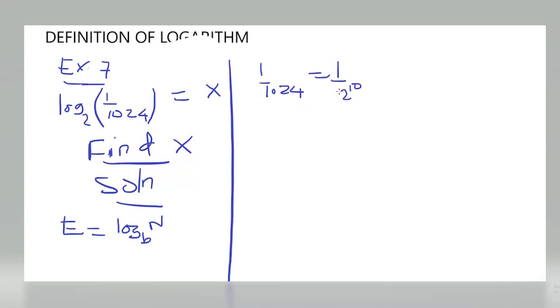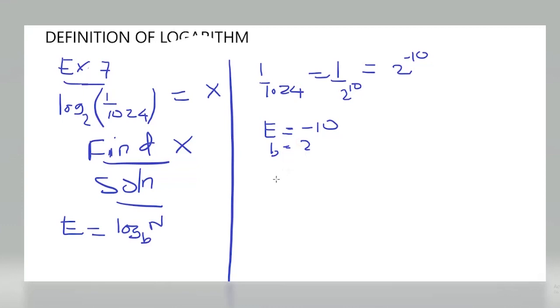Sorry, it's 2 power 10, which is equal to 2 power negative 10. From there I can see the exponent of that power is negative 10, with the base equal to 2.